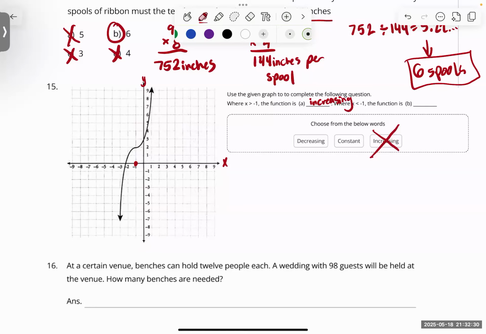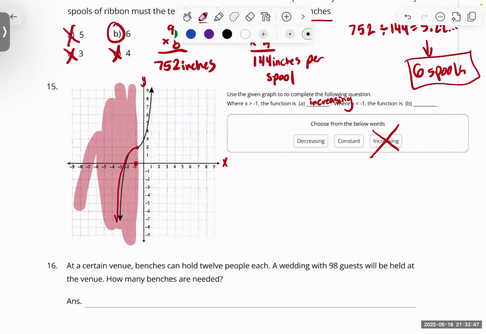Good. Now it's saying where x is less than -1, the function is what? Well, that means these values, right? These values are less than -1. So I'm looking beyond this. And as you can see, it's going down over here.